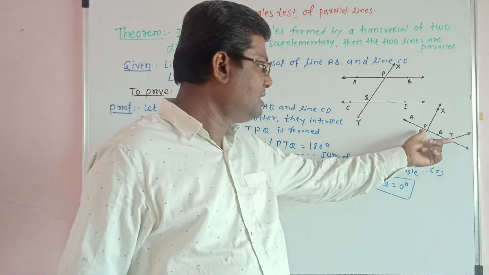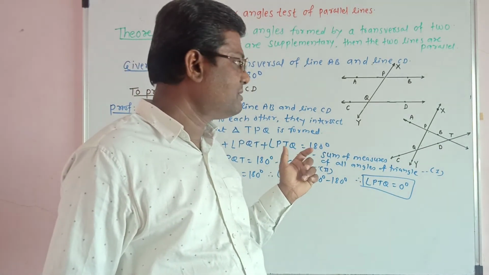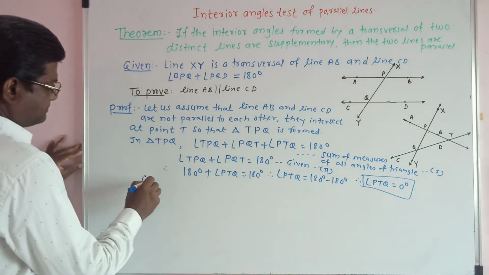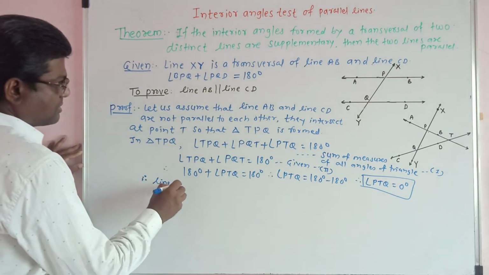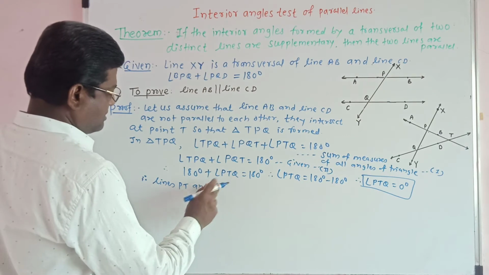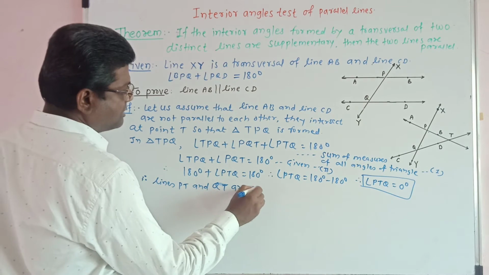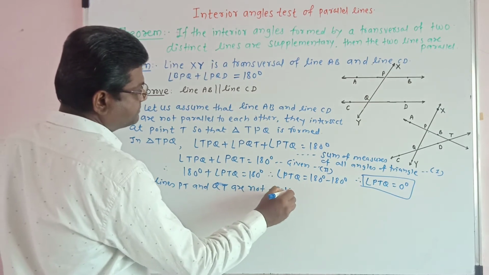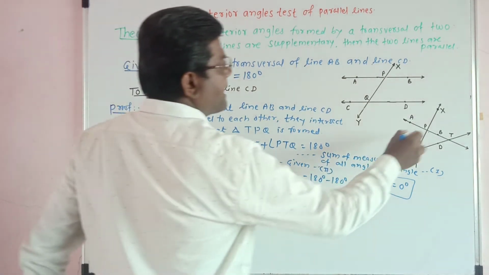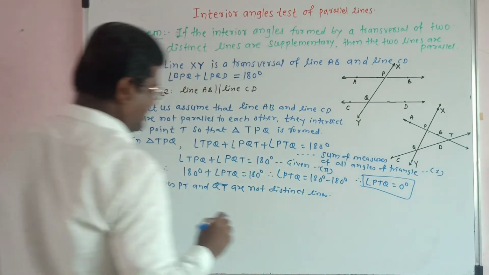Therefore the lines PT and QT are not distinct lines, they are the same line. So we write, therefore lines PT and QT are not distinct lines, but line PT is line AB and line QT is line CD.